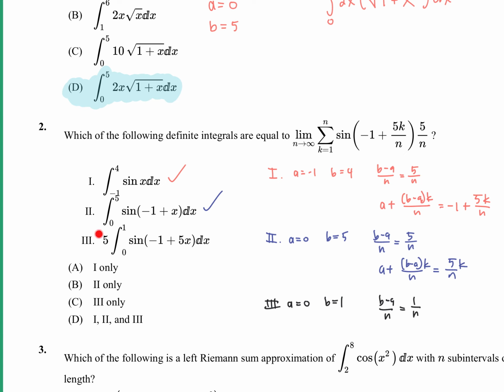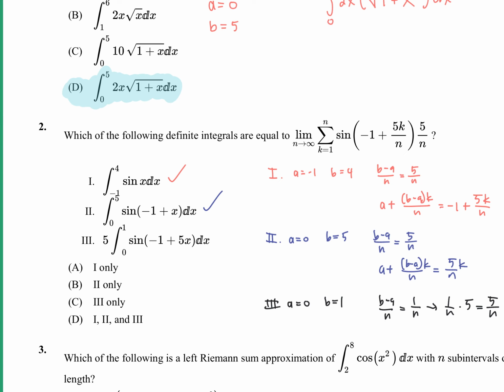But notice we have this 5 on the outside, and this 5 can come in here. If we multiply 1 over n by that 5 on the outside, we do get 5 over n, like we need. That's okay.